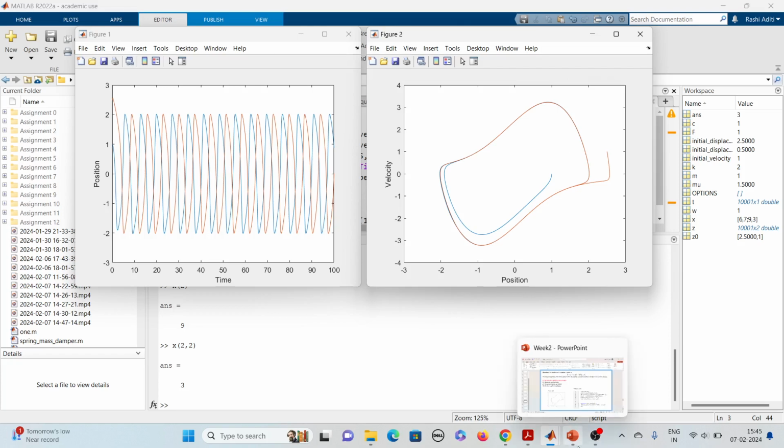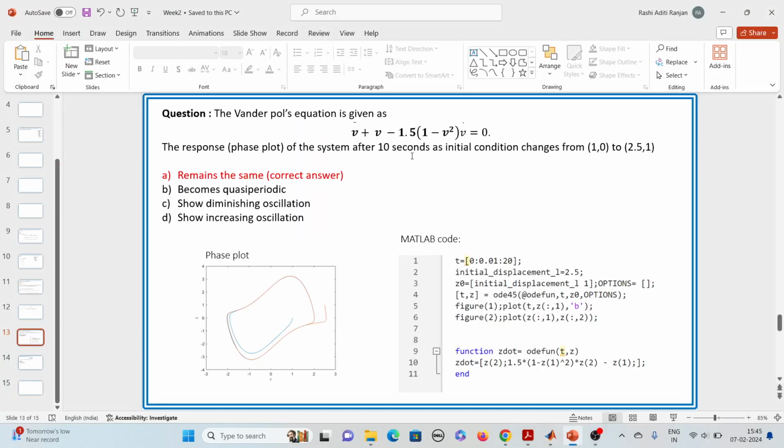The damping term, if you see here, is 1.5 into 1 minus v square into v dot. Now this 1 minus v square, what is it doing? See, if v square is greater than 1, what is going to happen? The bracket is going to be negative, and negative times negative is positive.